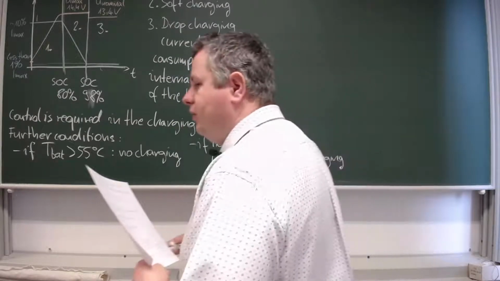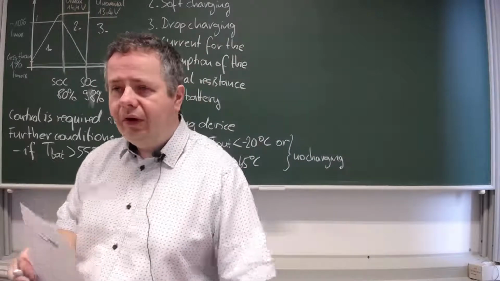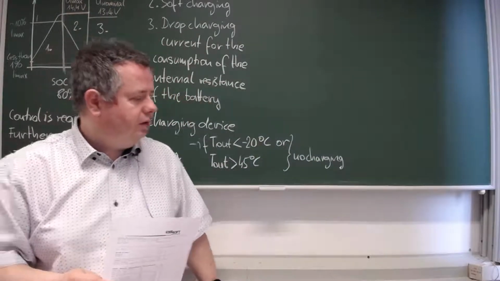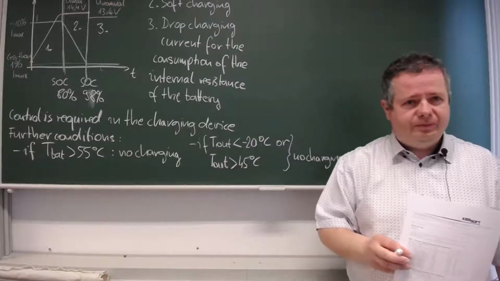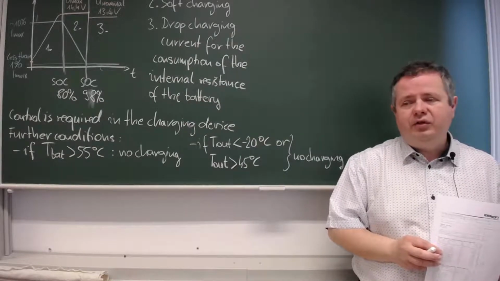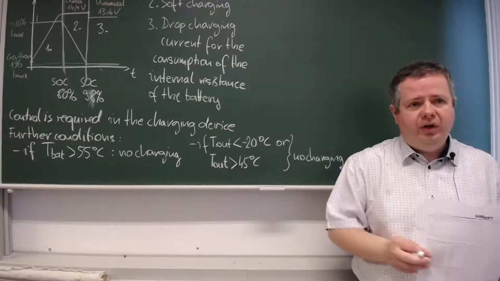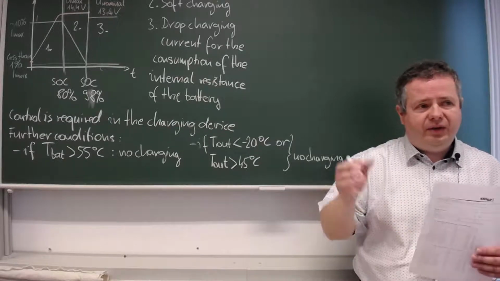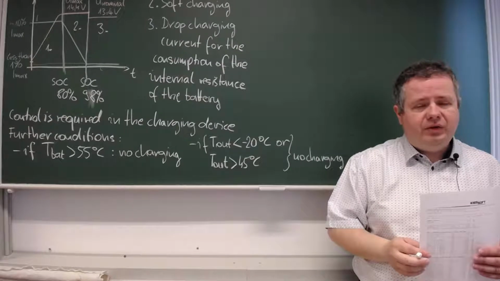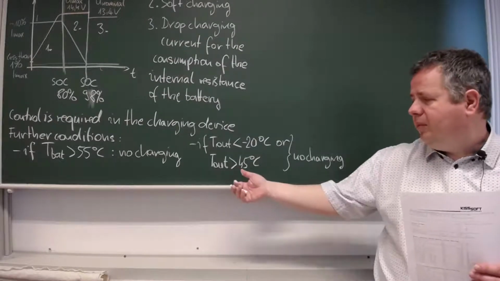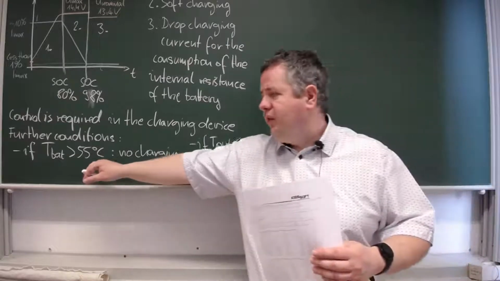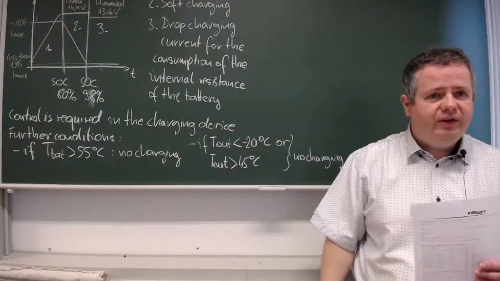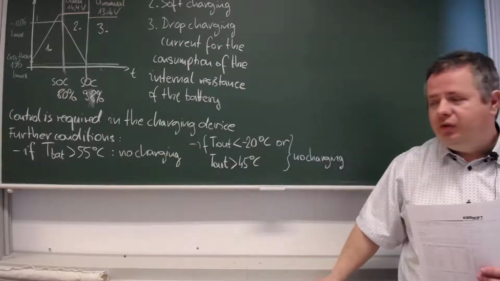If the temperature is too low, the fluid electrolyte cannot move enough. And there is risk of brittling away of the lead paste from the grid. So it's not good. And if the temperature outside is too hot, the battery will reach quite quickly the 55 degrees Celsius under the charging current. So again, no need for charging.